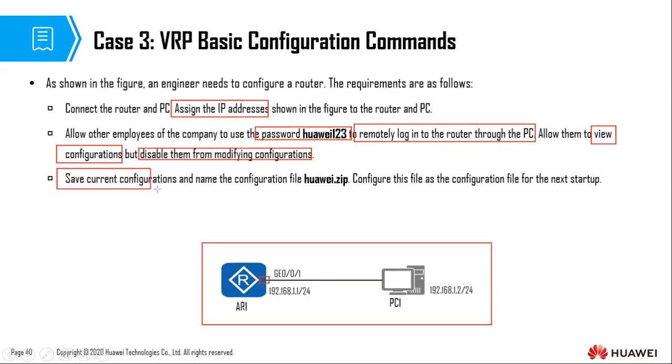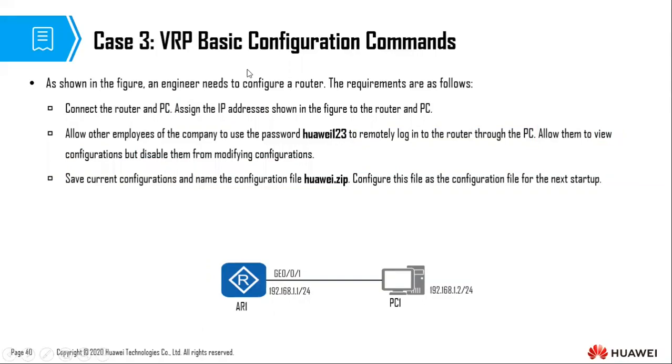Then we are supposed to save the current configuration, and we name the configuration file Huawei.zip. Then we configure this configuration file to be used for the next startup. So those are some of the things that you're supposed to do here. So let's just quickly see how to do them.